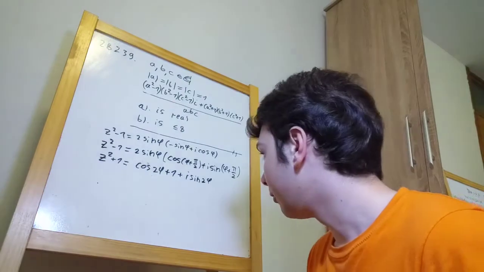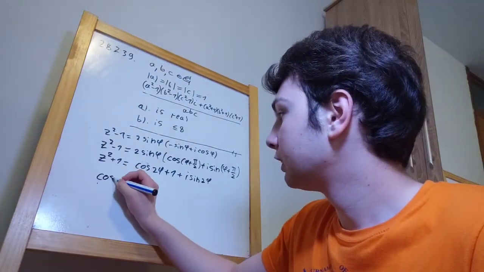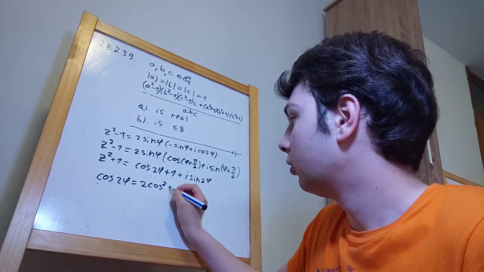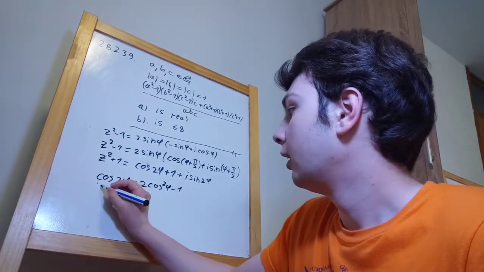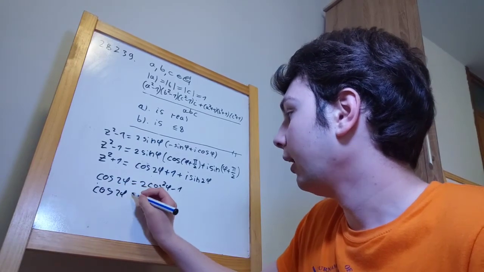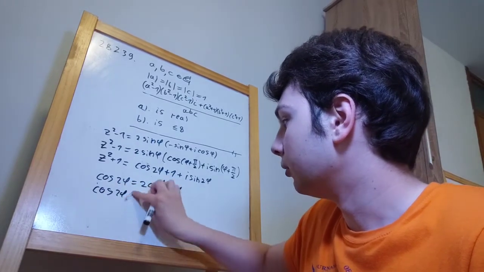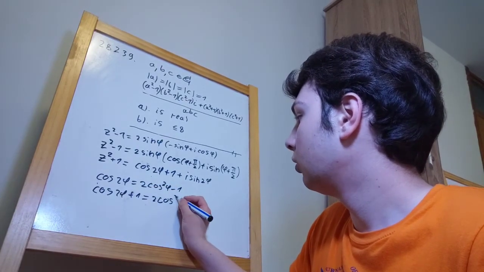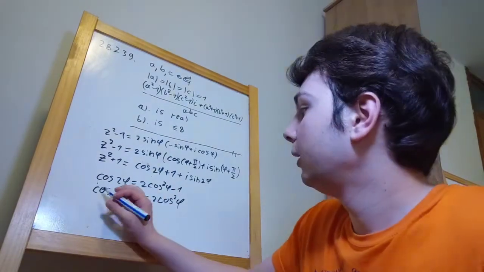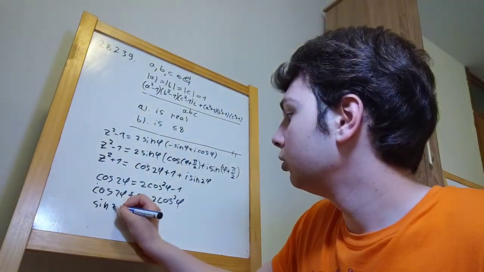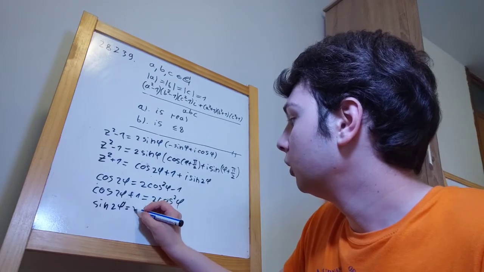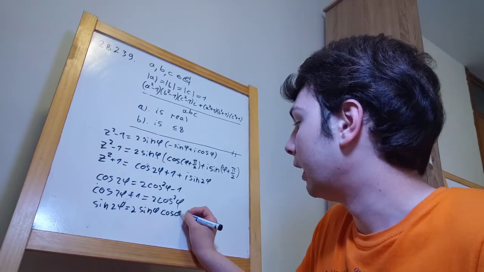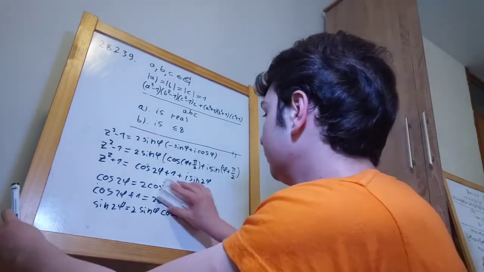Now we have cosine of 2 phi is equal to 2 cosine squared of phi minus 1, so cosine of 2 phi plus 1 is equal to 2 cosine squared of phi. And of course we also have sine of 2 phi is equal to 2 sine of phi times cosine of phi.